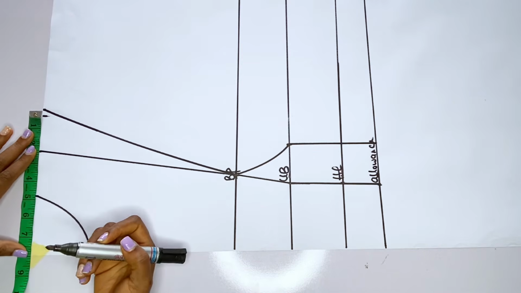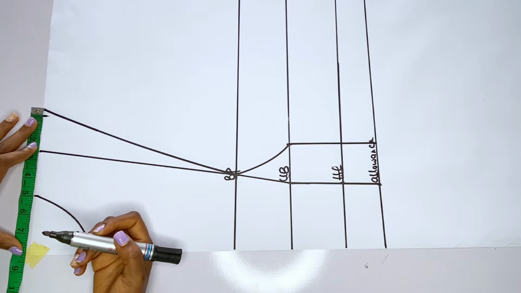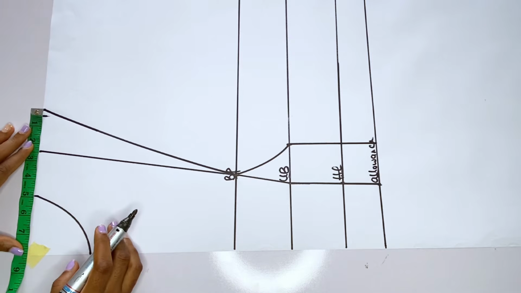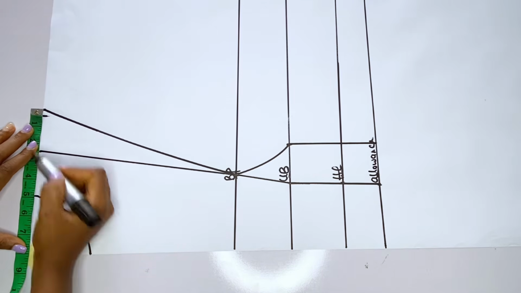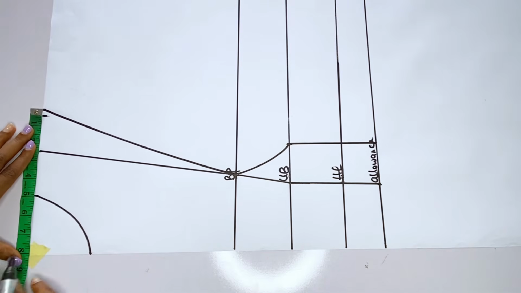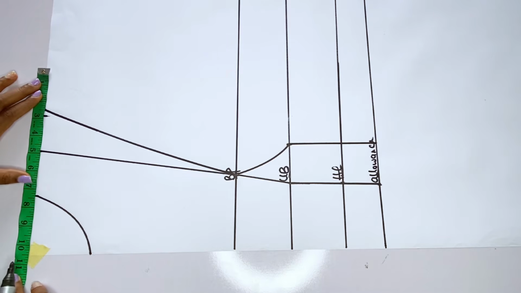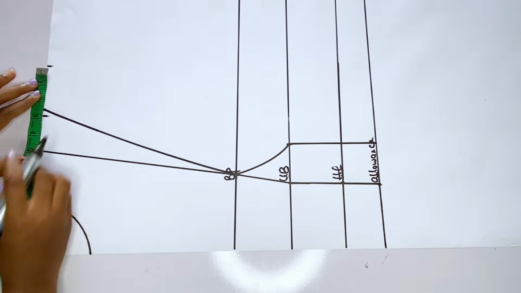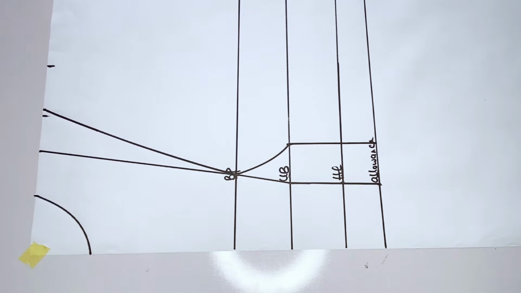Then you add back that 2.5 that you took out for your dart, and that will be 10.5. 8 inches plus 2.5 that I took out for my dart is 10.5. So I'll go ahead and place 10.5. And that point where it stopped at is our new shoulder. We have replaced what we took out.